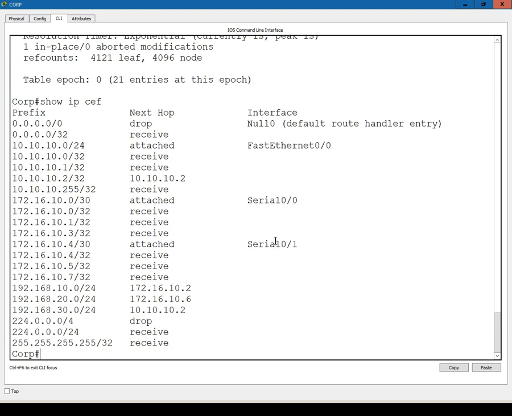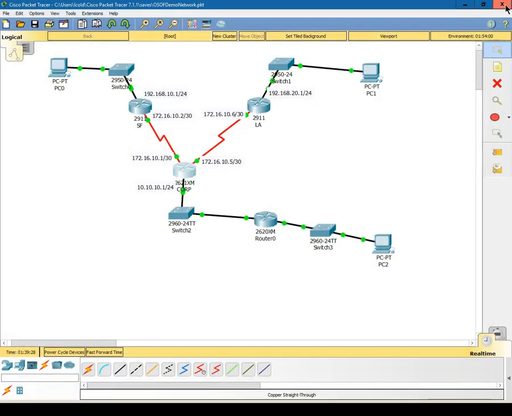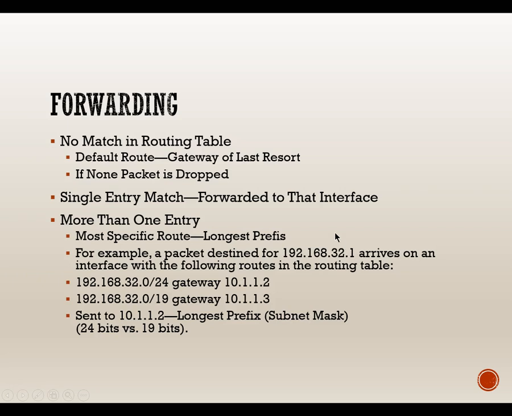It knows which ones are directly attached to it. So this is what the forwarding information base would look like, and it comes from the IP route table that we looked at a little earlier. Probably a little confusing, sorry, but these are different things to get it from point A to point B.